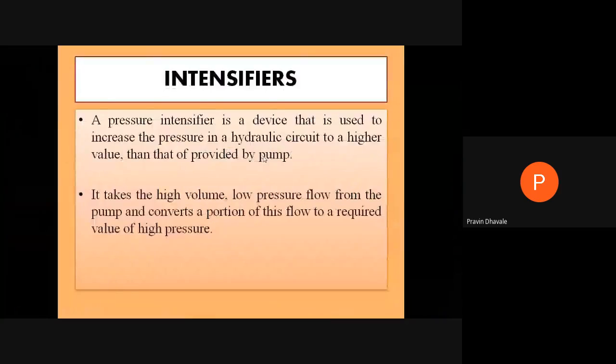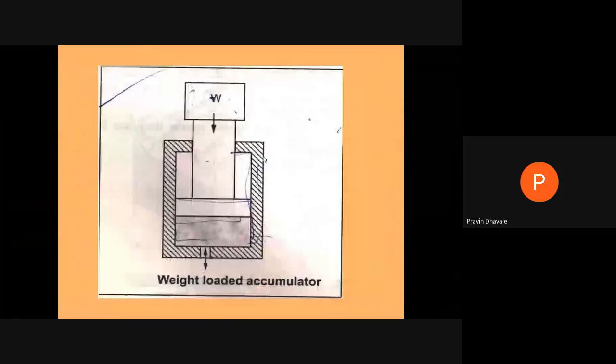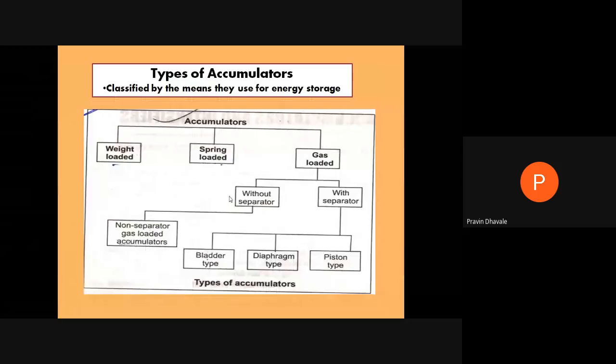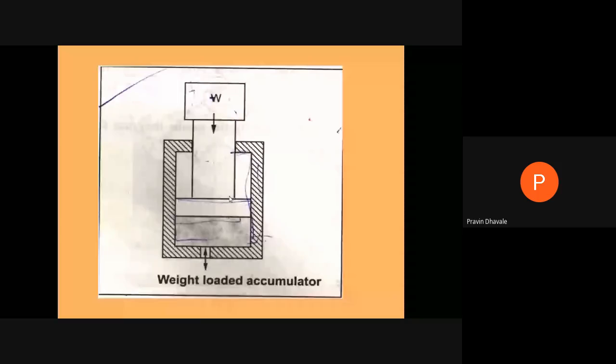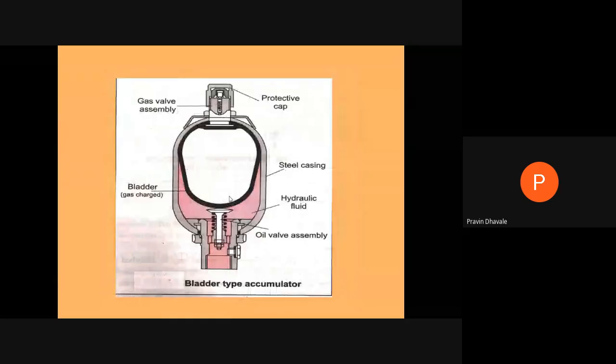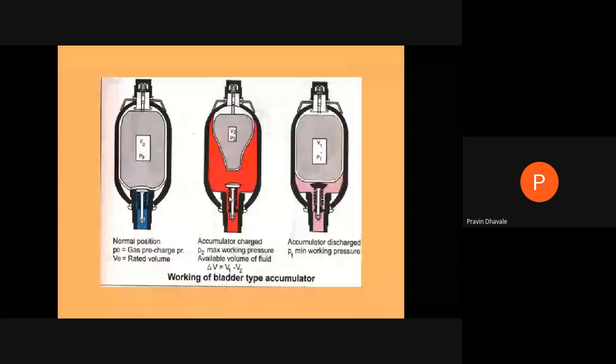So in today's lecture, if you consider from the start, we studied the accumulator. Accumulator is a storage device which will store the hydraulic energy in the form of pressurized fluid. Its classification we have seen: dead weight, spring, non-separator, bladder, piston type.